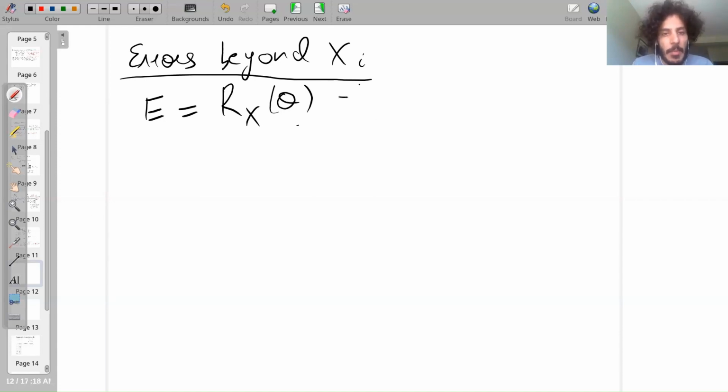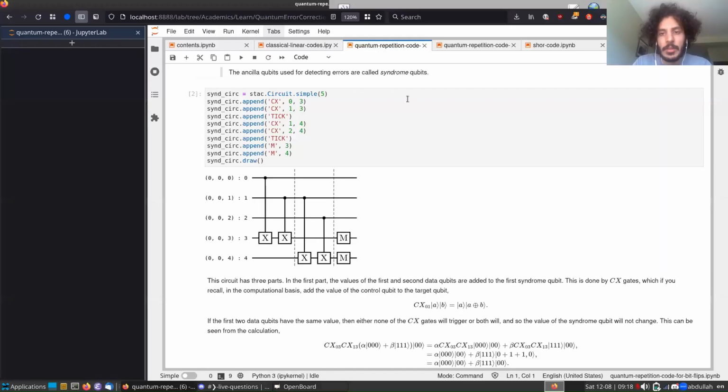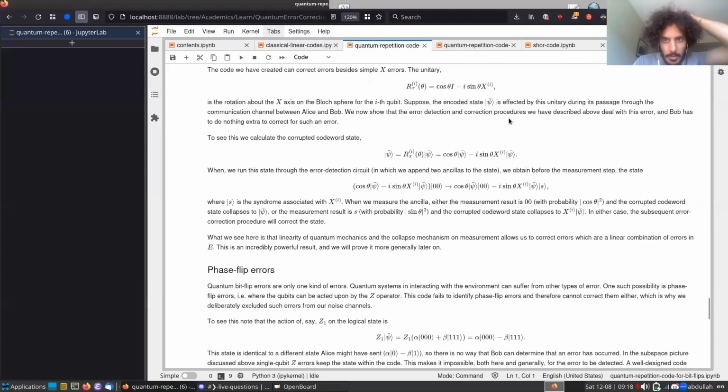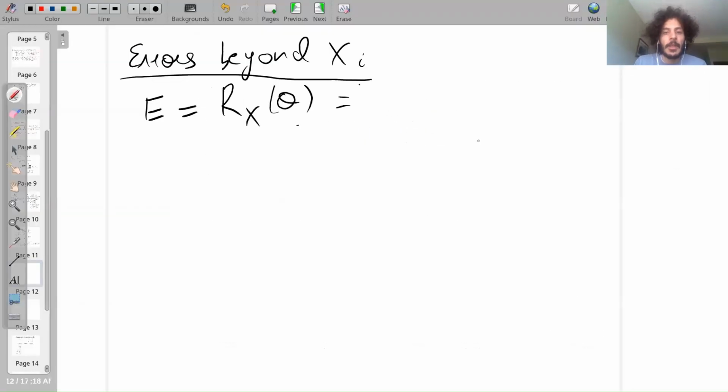And this, as an operation, is cos theta I minus iota sine theta x. This is the definition of this operator, Rx theta.